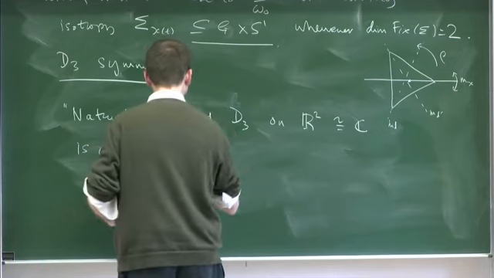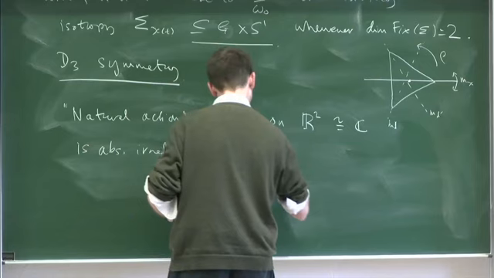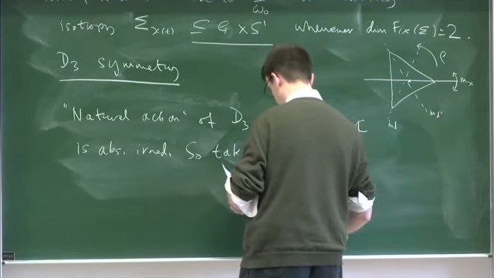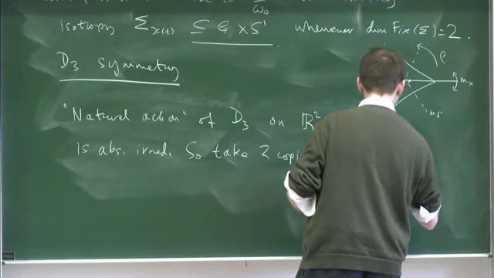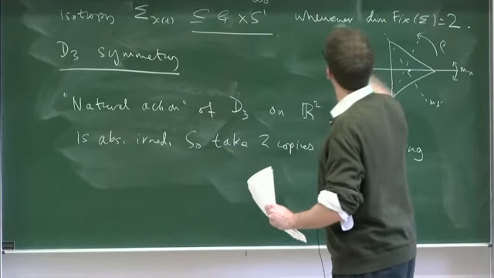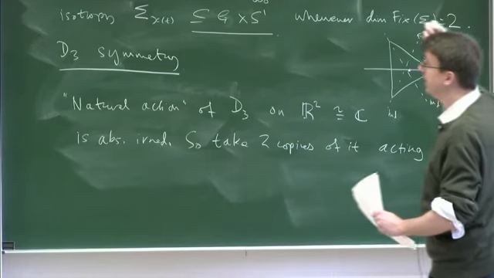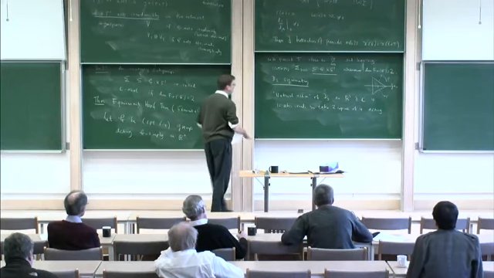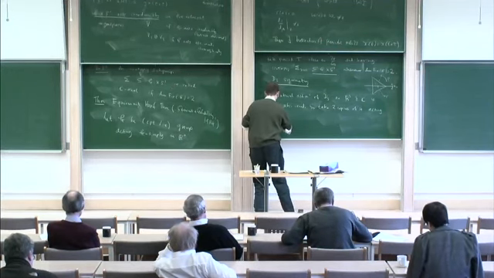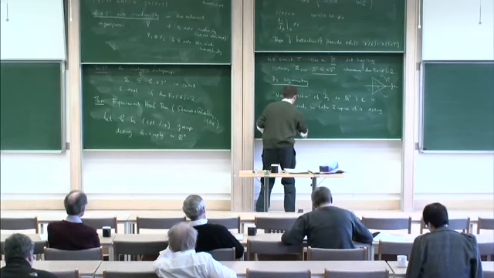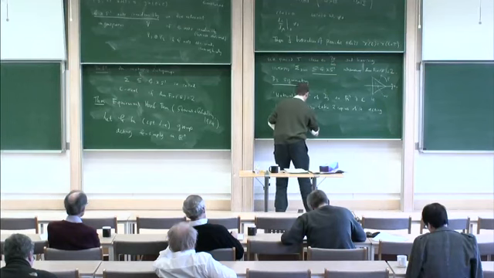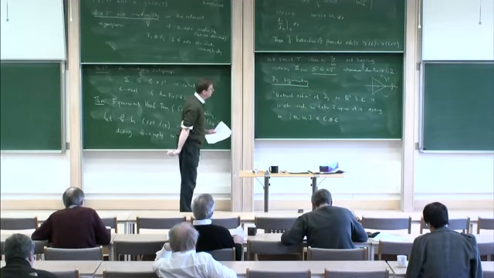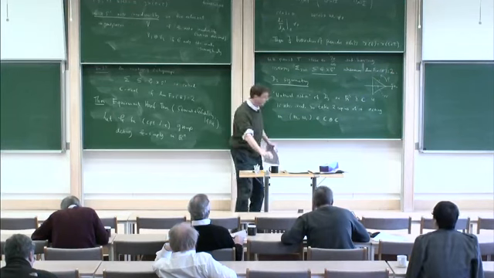This natural action is absolutely irreducible. So we're going to take two copies of this, because this is part of our recipe for constructing generic Hopf bifurcation problems: to find an absolutely irreducible representation of G and write down two isomorphic copies of that. So that's going to act on some coordinates that I'm going to call W1, W2, two complex coordinates for my two copies.